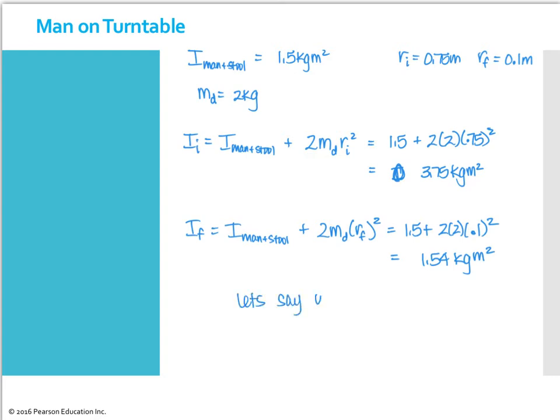Let's say that omega initial is 1 radian per second. We want him to rotate kind of slowly. And so if we do conservation of angular momentum, writing the angular momentum as the product of the moment of inertia and the angular velocity, we can solve for the final angular velocity.